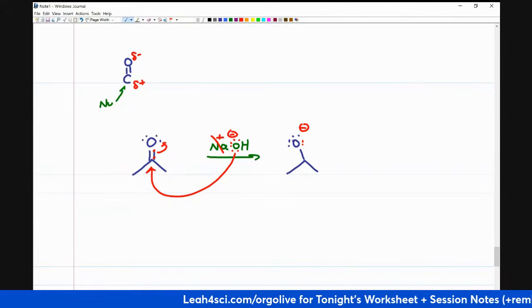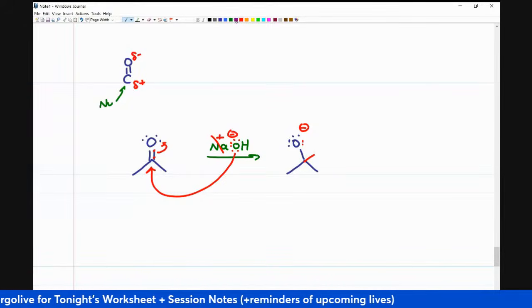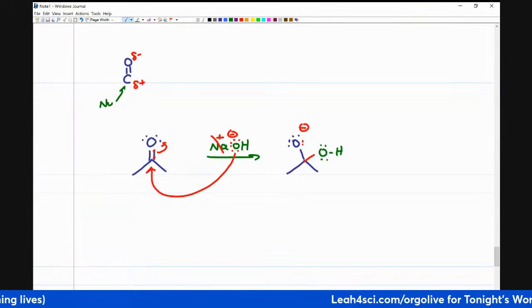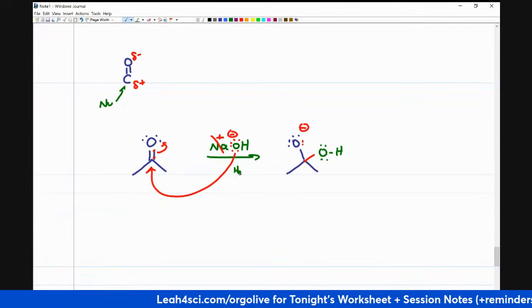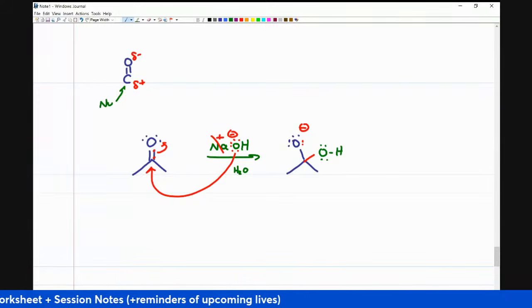That's because the oxygen now has the extra lone pair of electrons from the pi bond, and then a new bond between that central carbon and the OH that just came in. This right here, in the presence of a base, is no problem. I'll probably have water or something similar as the solution, but a base that allows an OH minus to exist is a base that will also allow an O minus to exist.